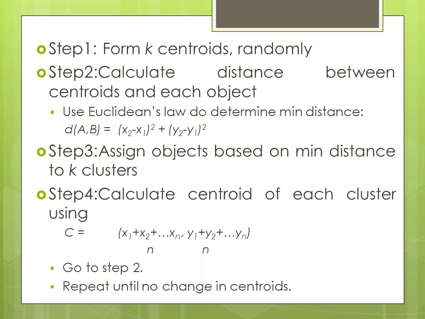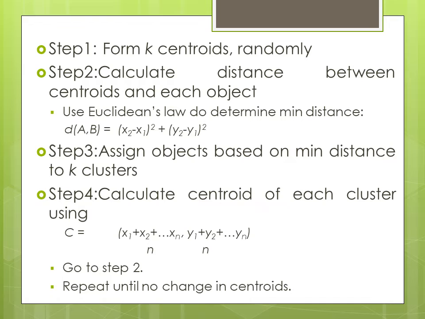If you want to form two clusters, if your k is equal to 2, that means you have to choose two mean values. If you're forming three clusters, that means your k is equal to 3, so you have to choose three mean values.